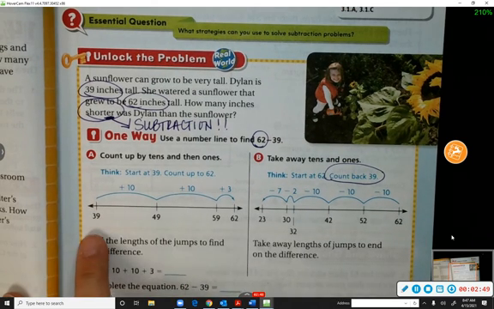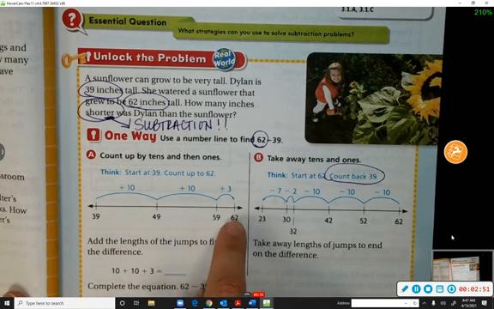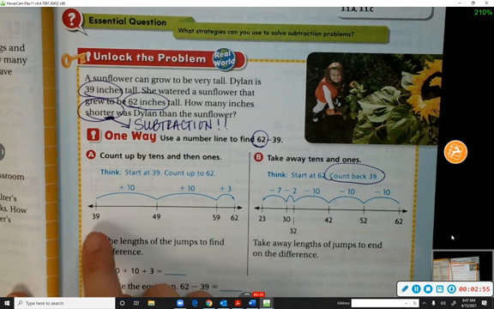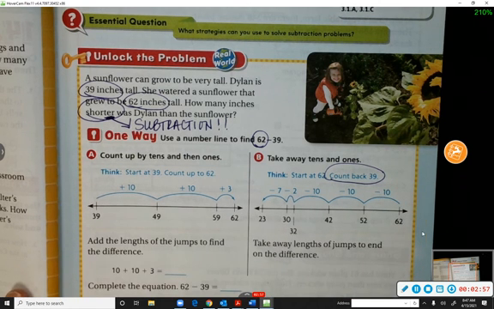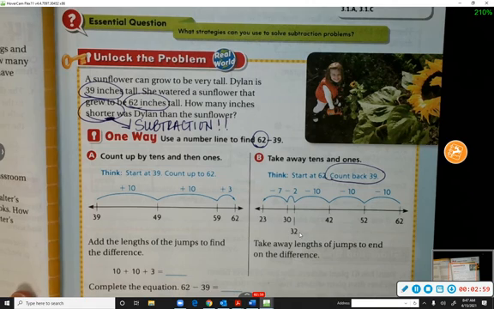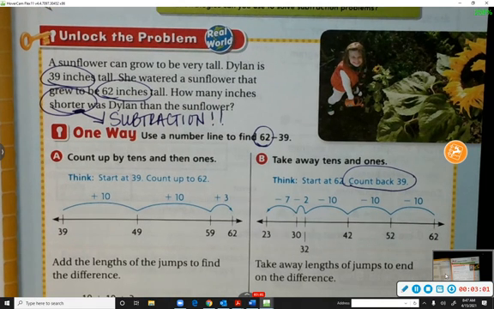To do it this way, we put both numbers on the number line. 62 would be at the end because it's bigger. 39 is going to be at the beginning because it's the smaller number. And now we're going to count forward from 39 to 62 and see how much it equals.